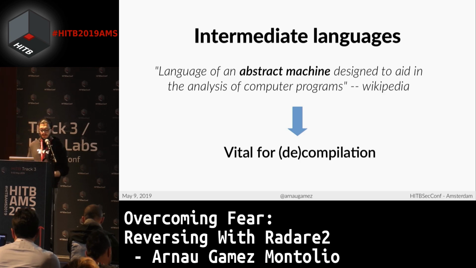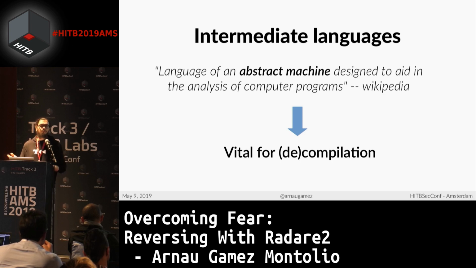It comes mainly from the compiling process. GCC is using an intermediate language, and maybe you know LLVM, which has its LLVM intermediate representation. Mainly, they came out for assisting in the compiling process, but are also vital for the compilation.